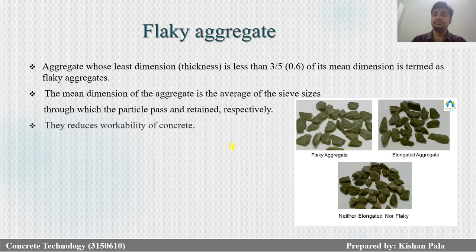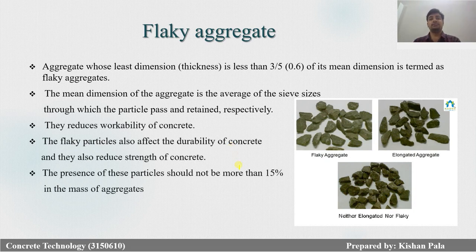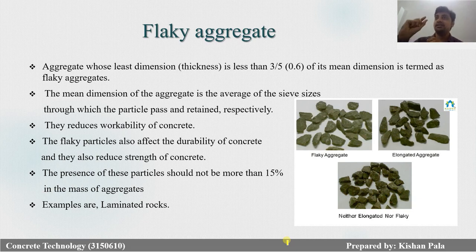Next, flaky aggregates. This is one of the types of aggregate. What are flaky aggregates? Aggregate whose least dimension, what is the least dimension in this aggregate? Thickness. Thickness is the least. If the thickness is less than 60 percent of the mean dimension of the aggregate, it is termed flaky aggregate.